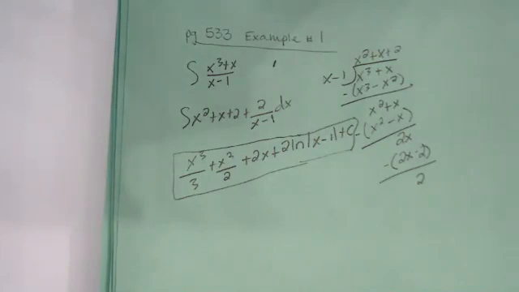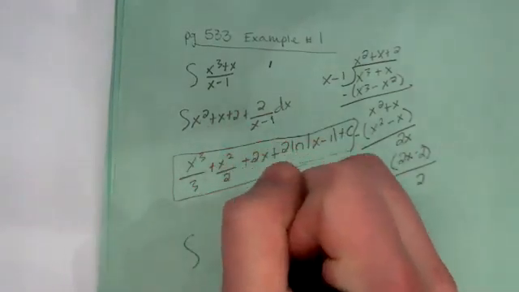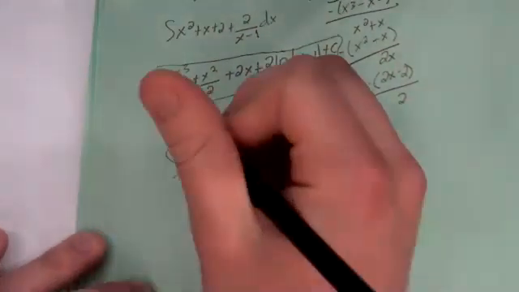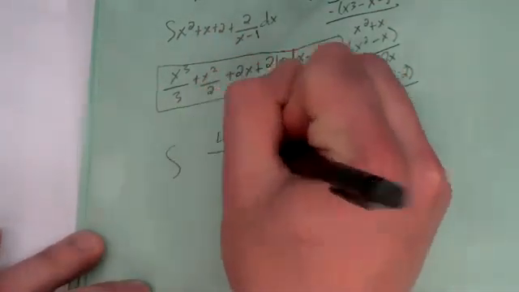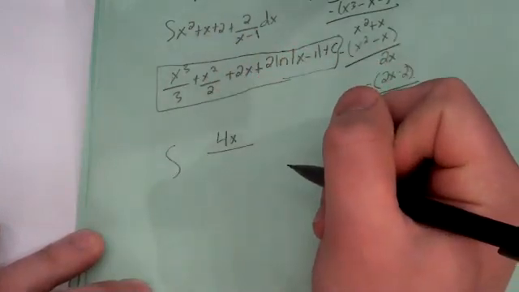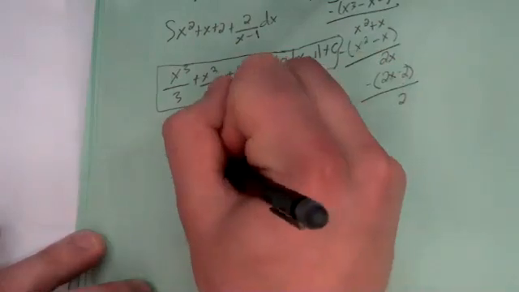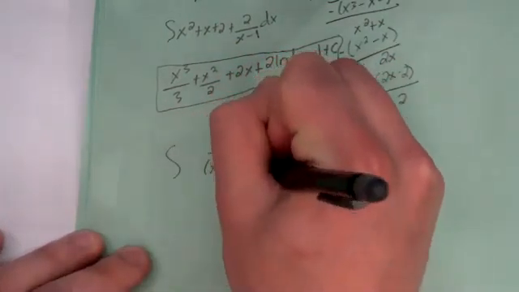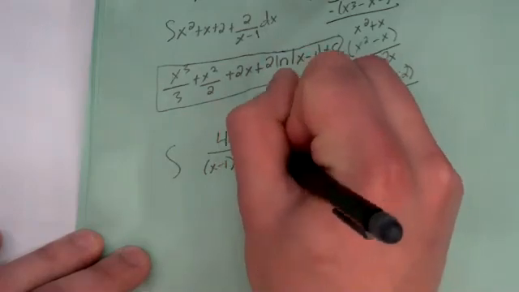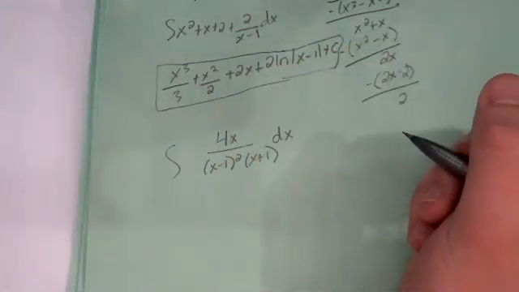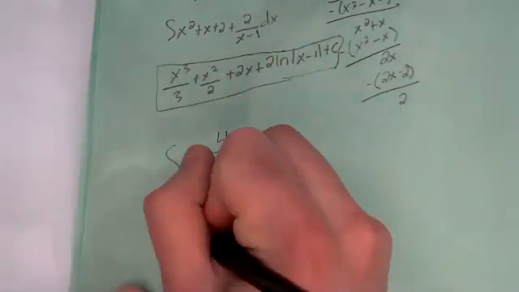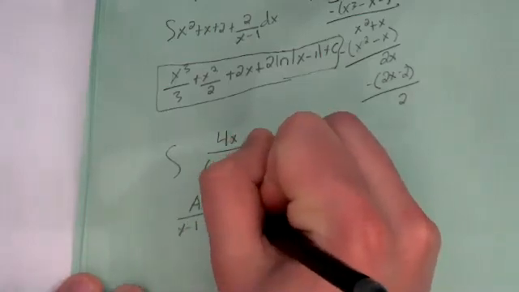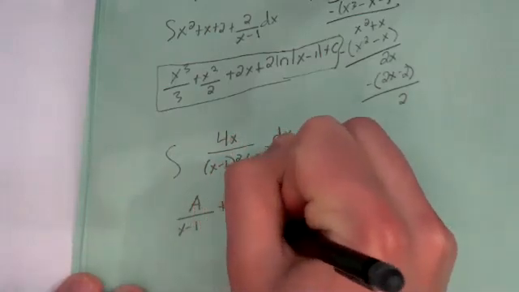Now, if you don't see that, and let's say you get something along the lines of the integral of 4x over x minus 1 squared times x plus 1 dx. So for this one, we need an a over x minus 1 plus b over x minus 1 squared.